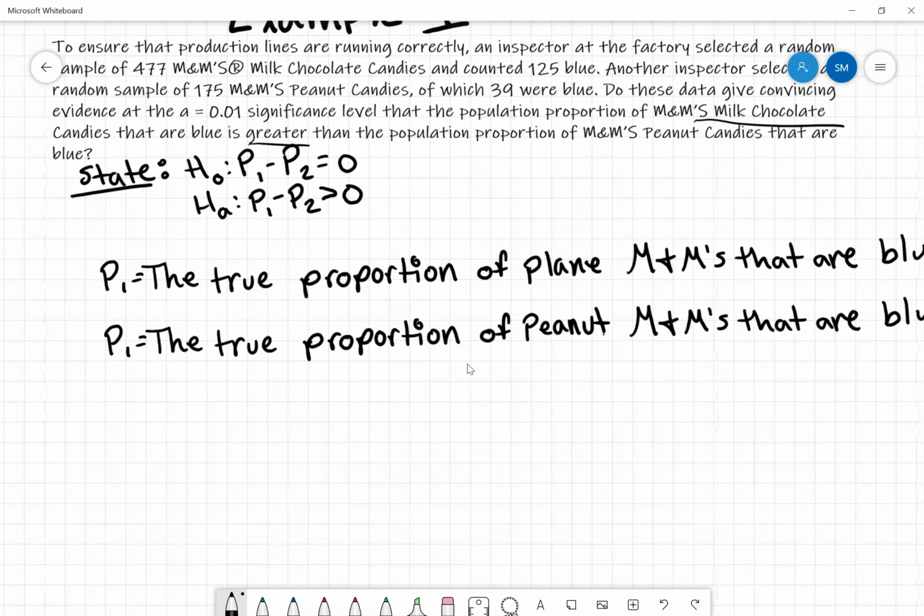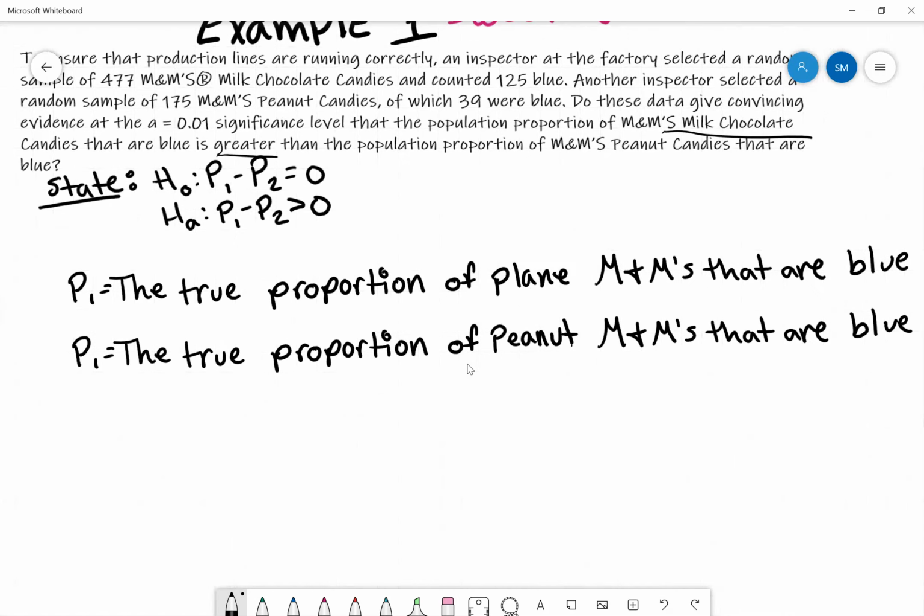So let's go ahead and state what we know. The sample size for the first set of data is 477. The sample size for the second set of data is 175. Let's do the first set of data, because they're all kind of in a line. The sample proportion P hat sub 1 is equal to 125 over 477.